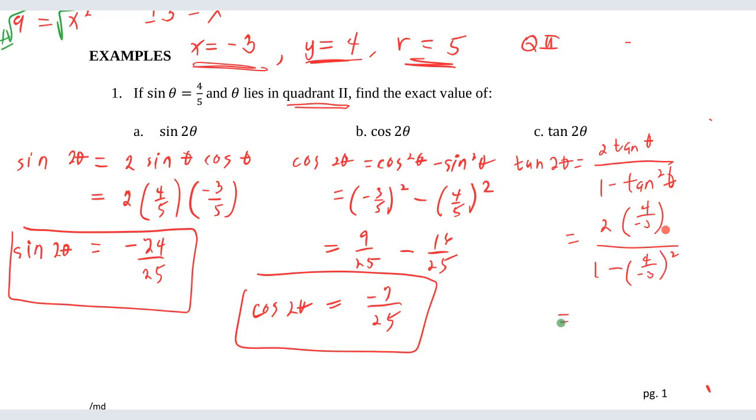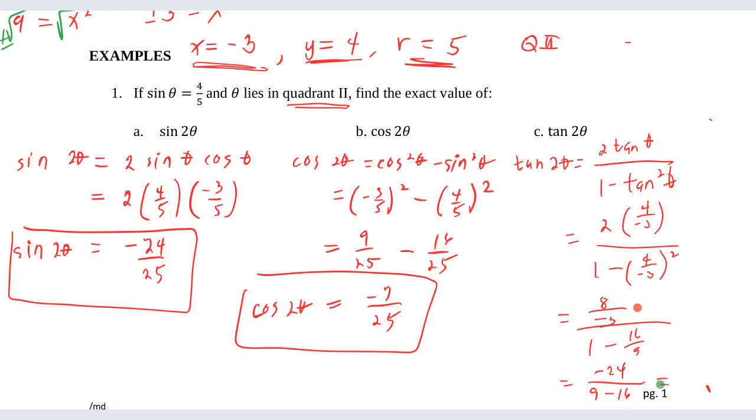And then we'll just simplify this. That's going to be 8 over negative 3 all over 1 minus 16 over 9. Let me go ahead and multiply everything by 9 so I can get rid of those denominators. So we have 8 over negative 3 times 9, that's negative 8 times 3, which is negative 24, over 9 minus 16.